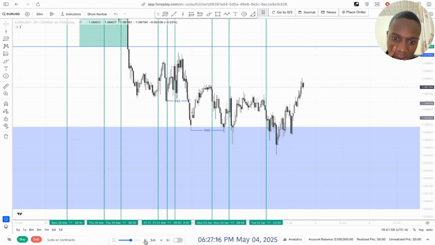So we're seeing some kind of turtle soup right here, some accumulation, manipulation, then distribution. This is some kind of PO3 right here. So maybe pushing higher at last.